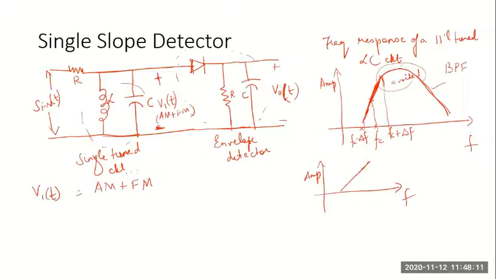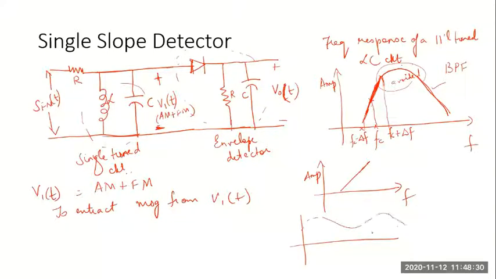Now, if I want to extract the message from V1 of T, what are we doing? I'm using the AM detector or the envelope detector. So we know that I'm going to get an amplitude and frequency modulated signal. So you're going to have frequency modulation also. You're going to have amplitude modulation also in the signal.